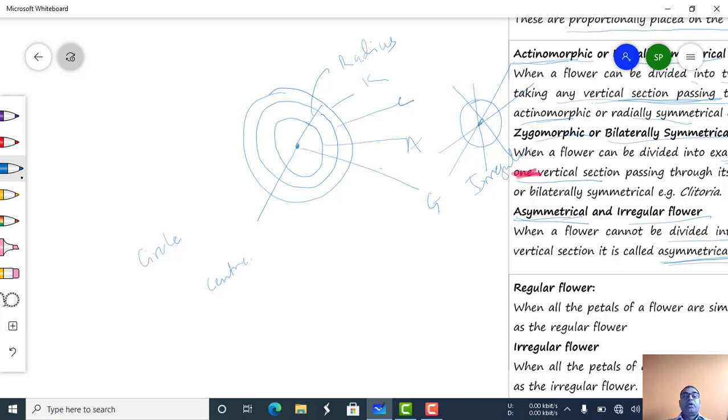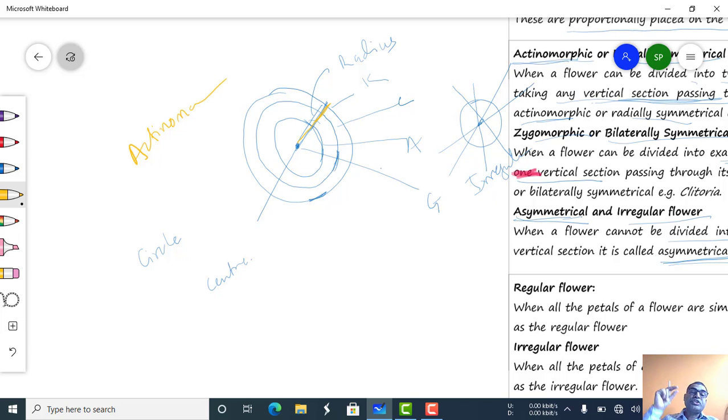Important thing: if each floral whorl, the whorl of androecium, gynoecium, corolla, calyx, each individual floral whorl is placed at equidistance from the center, then the flower is called actinomorphic.